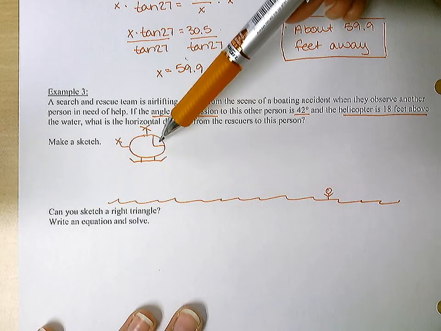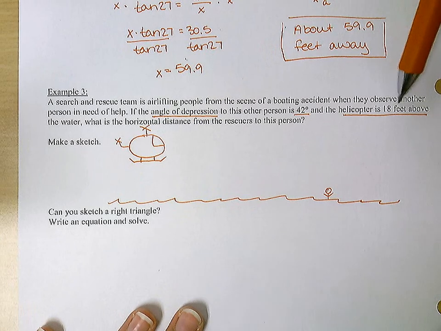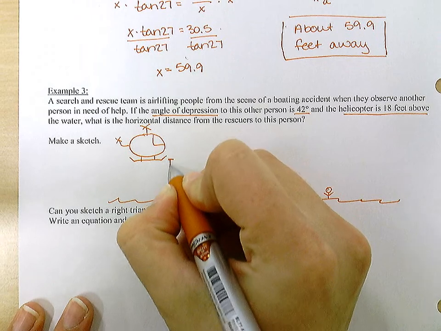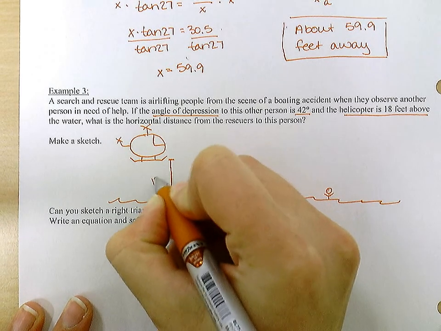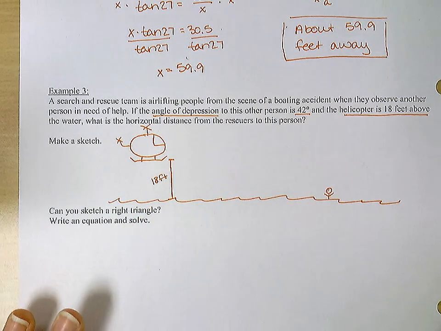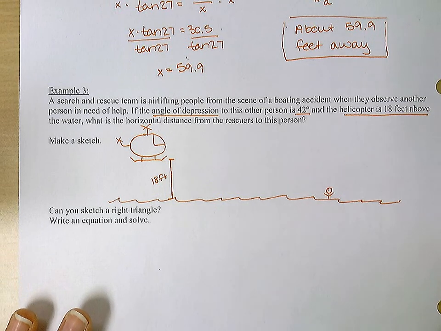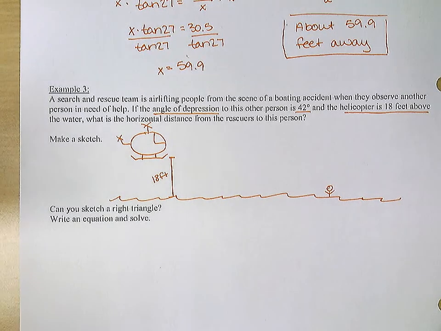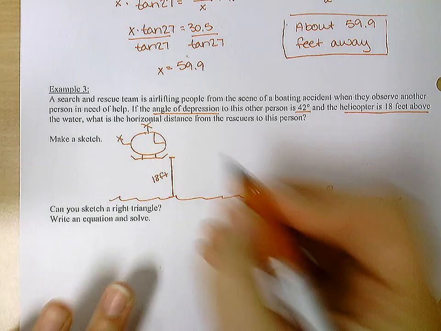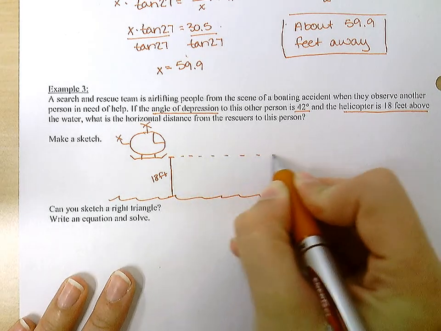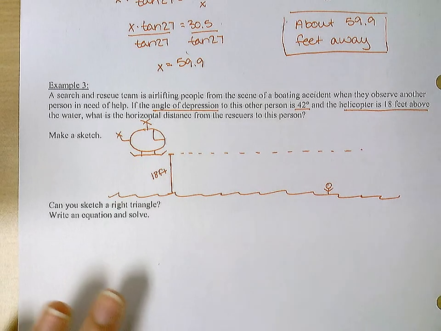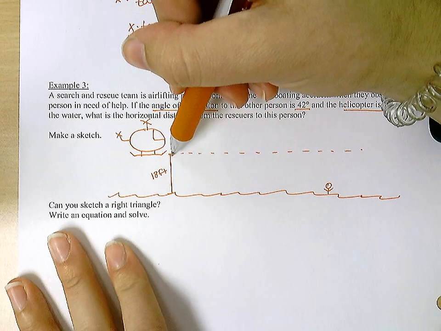So I know this helicopter is 18 feet above the water. Now your angle of depression has to come from the horizontal and then looking down. So horizontal from the helicopter here. It's looking down at this person.